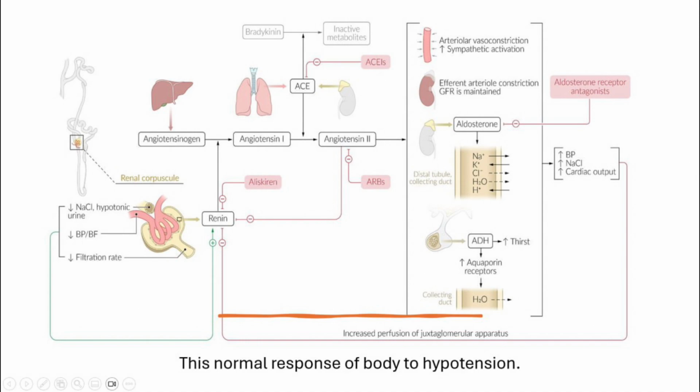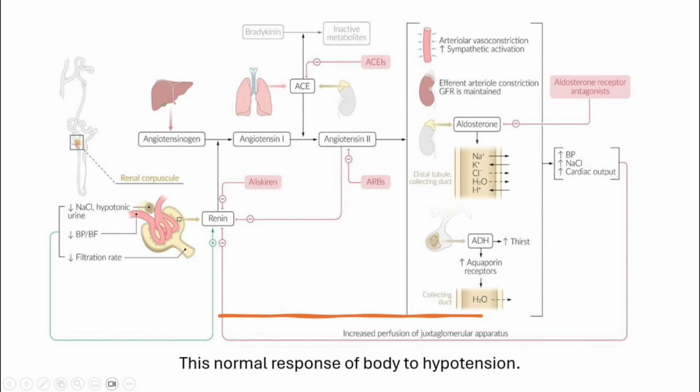This renin will convert angiotensinogen into angiotensin I. Now this angiotensin I will get converted into angiotensin II with the help of the ACE enzyme, that is the angiotensin converting enzyme, which is found in the lungs.